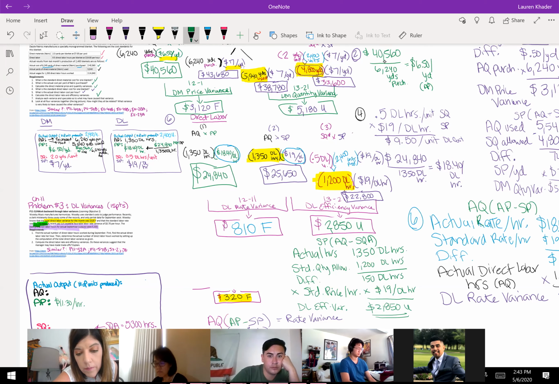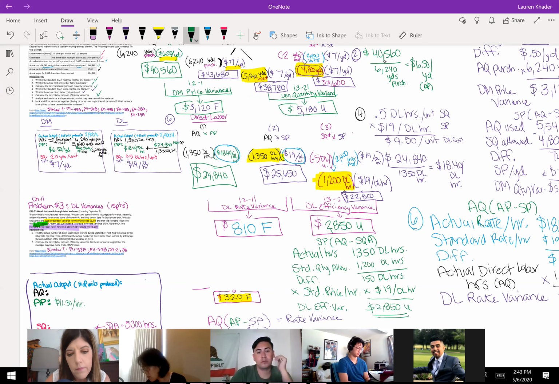What happened? Materials is cheaper and end up using more. Yeah, the materials were not the right quality. It was an inferior quality product, and you used more because of this, which caused you to have a higher quantity variance and a lower price variance.